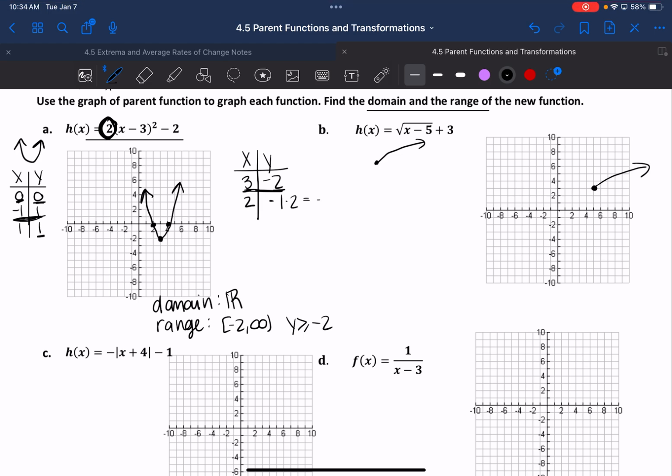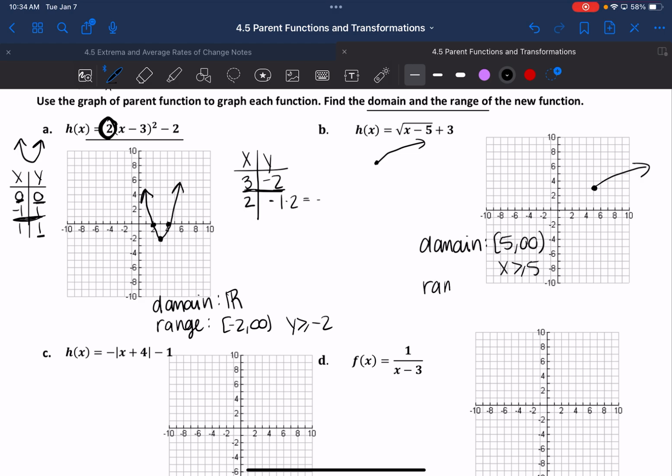So what would you guys say that the domain of this function is? Very good. So 5 to infinity, or you can write it as x is greater than or equal to 5.